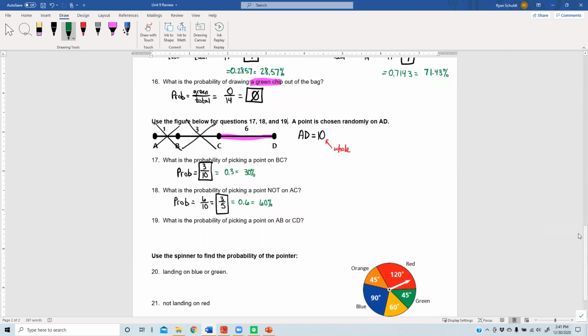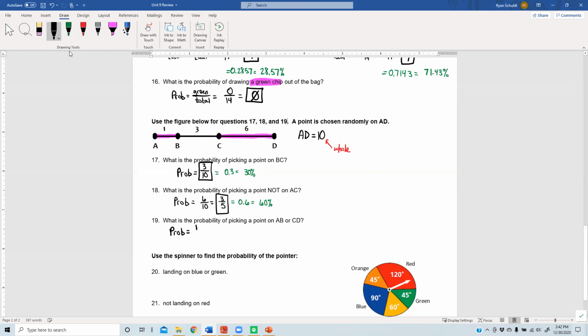Okay. So let me erase this. We're through with that one. 19. What's the probability of picking a point on AB or CD? Those are the two we're dealing with, AB or CD. So that's going to be the probability.